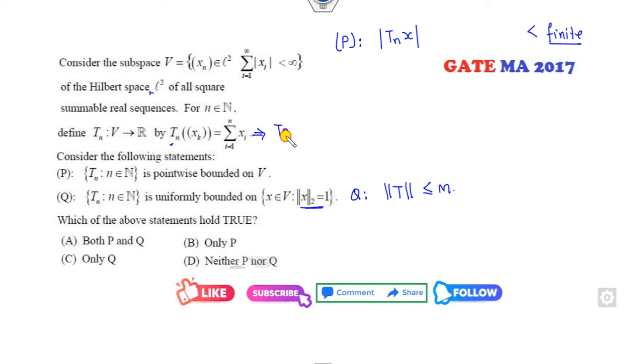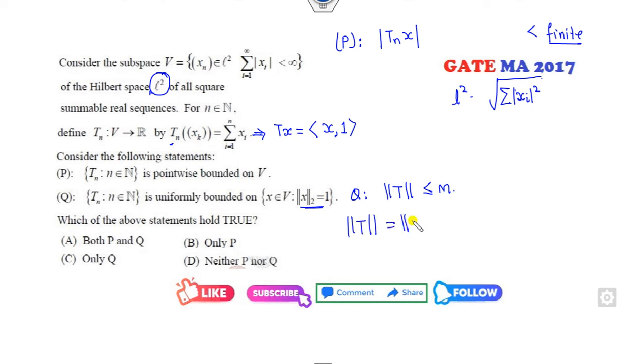Firstly, I can write this as Tx. This is the product of x comma 1. Now it is on the L2. What is the norm of the L2? It is the summation of xi square. Now if I take the norm of this, applying Q first, what is the norm?